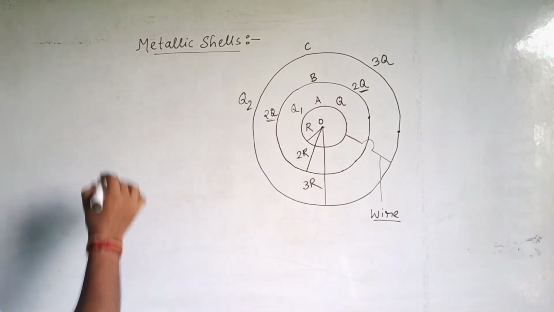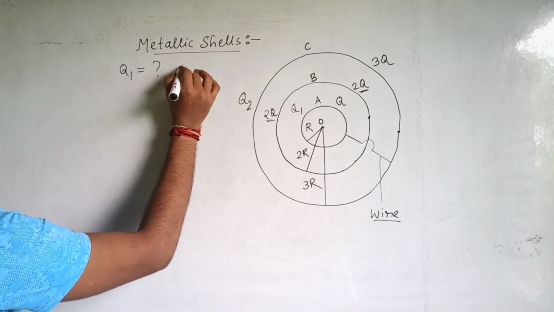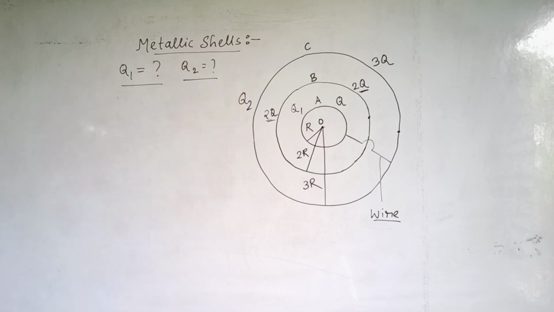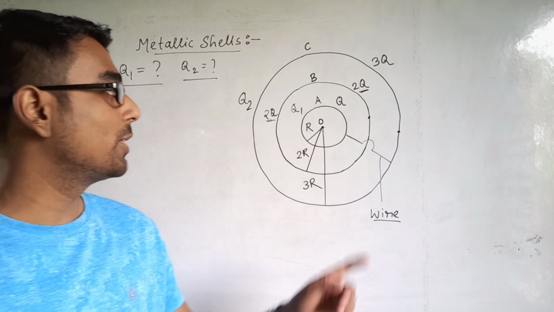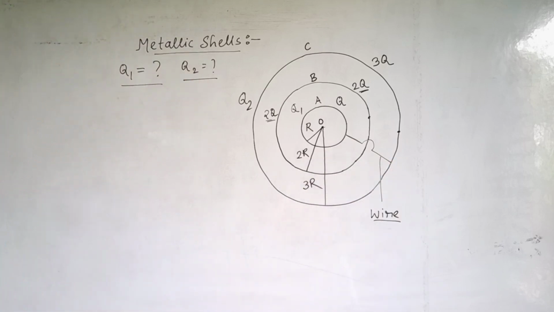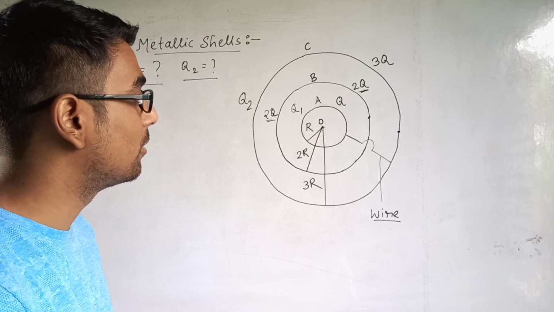The question is that you need to find Q1 and Q2. So the clue given here is that the potential of inner shell and the outermost shell is same.